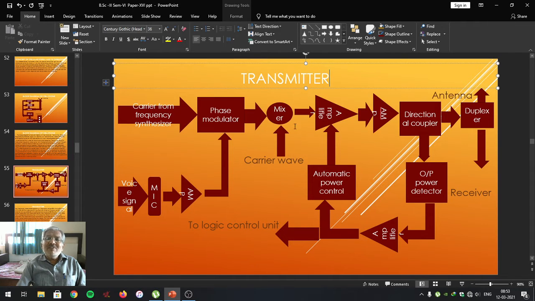At the cost of mixing, a new signal is generated. Its power level is amplified by means of an amplifier to the required level.